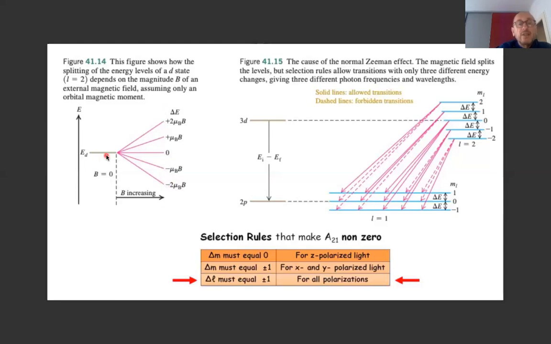If I only have one d electron, it will most likely be in this particular state, simply because this is the minimal energy for this atom.